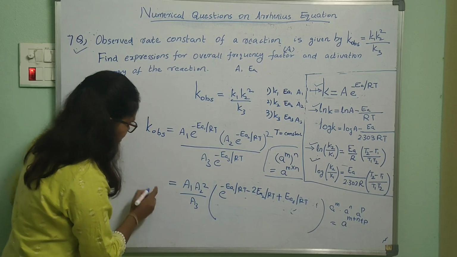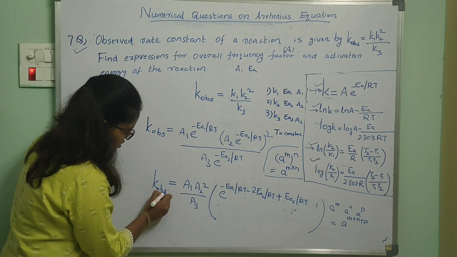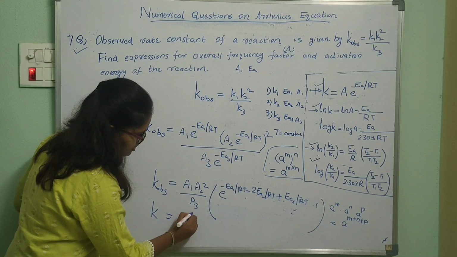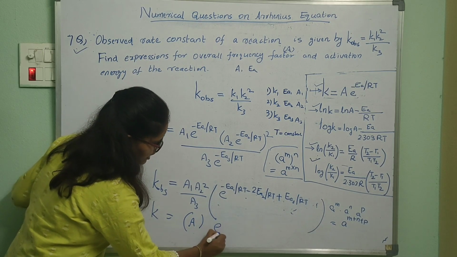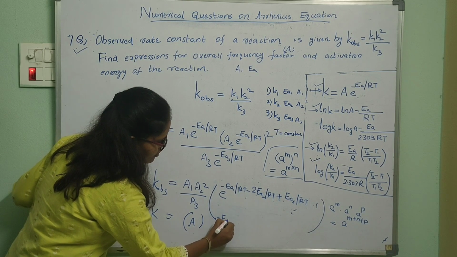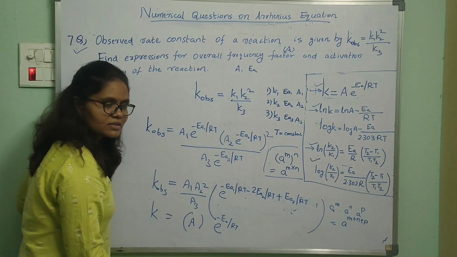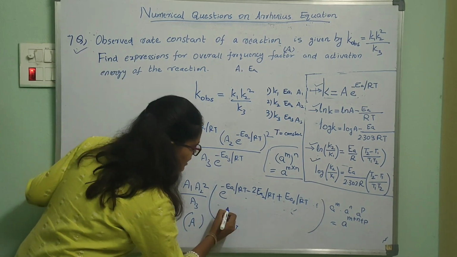Now when you look at this equation, it is of the form K is equal to some constant A into e power minus EA over RT. Before that, let me write it this way.